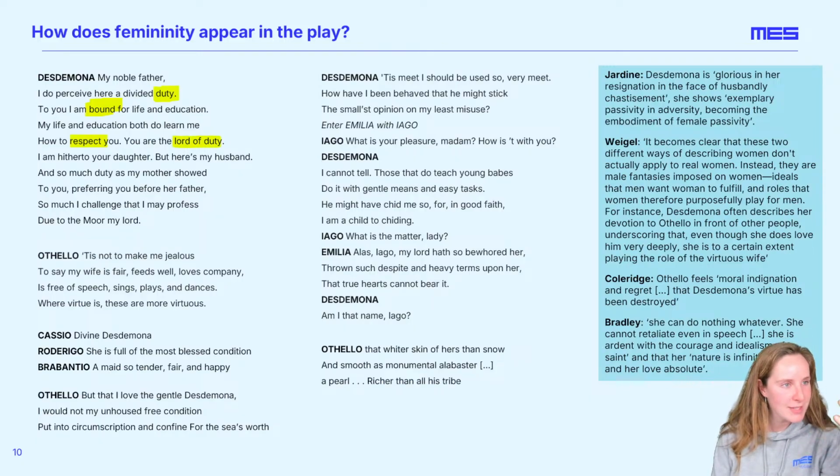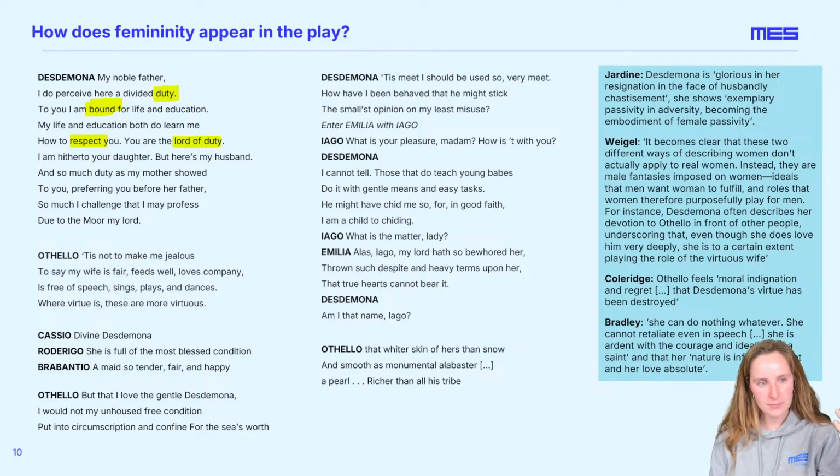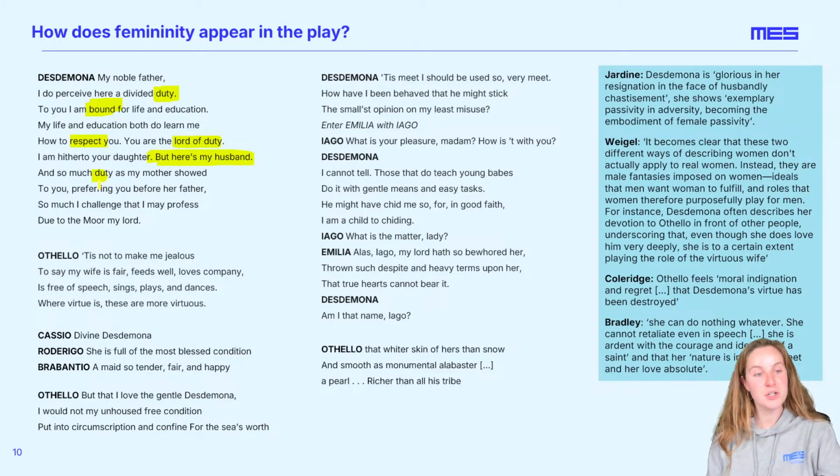So this power dynamic that's established there. And I am your daughter. But then we have this contrast. But here's my husband. So much duty as my mother showed to you, preferring you before her father. So much I challenge that I may profess you to the more, my lord.